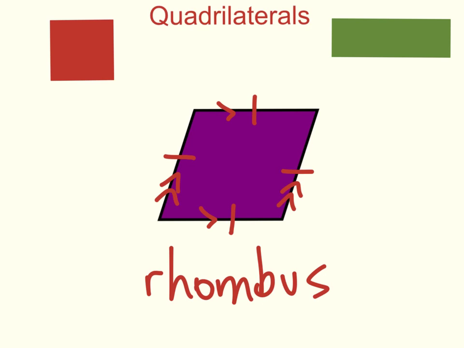But what makes a rhombus different from a square is that a rhombus does not have perpendicular corners. These are not perpendicular. See how they don't make nice squares? If I take a piece of paper and try to put it in the square, it won't line up.